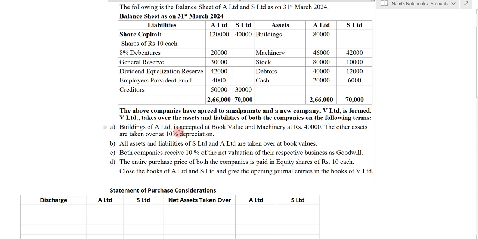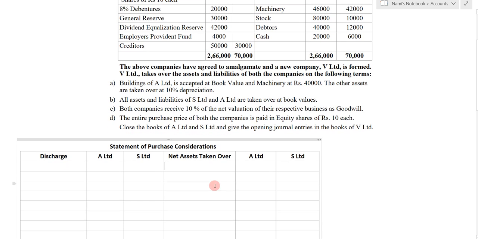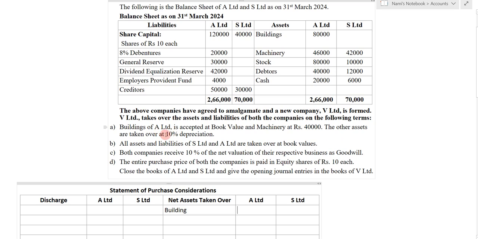The first condition is what? Buildings of A Limited is accepted at book value. So how much is the buildings of A Limited? That is 80,000 rupees. So here write buildings, of whose building they have taken. B Limited has taken A Limited.